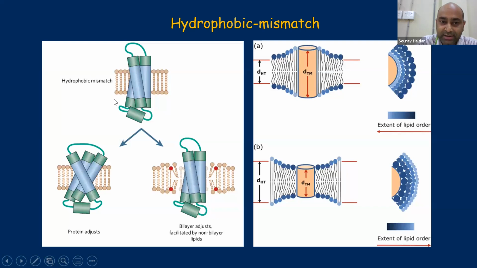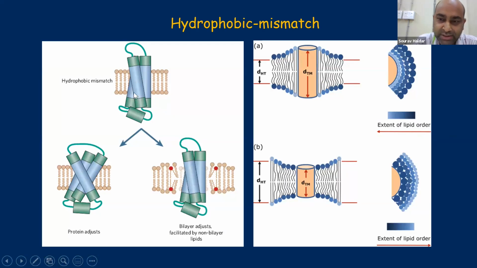Now it may so happen that for some reason, due to metabolic dysfunction or some trafficking, the protein is in an environment where the hydrophobic thickness of the surrounding lipid molecule is either less or more than the hydrophobic thickness of the transmembrane protein. And this is broadly termed as hydrophobic mismatch.